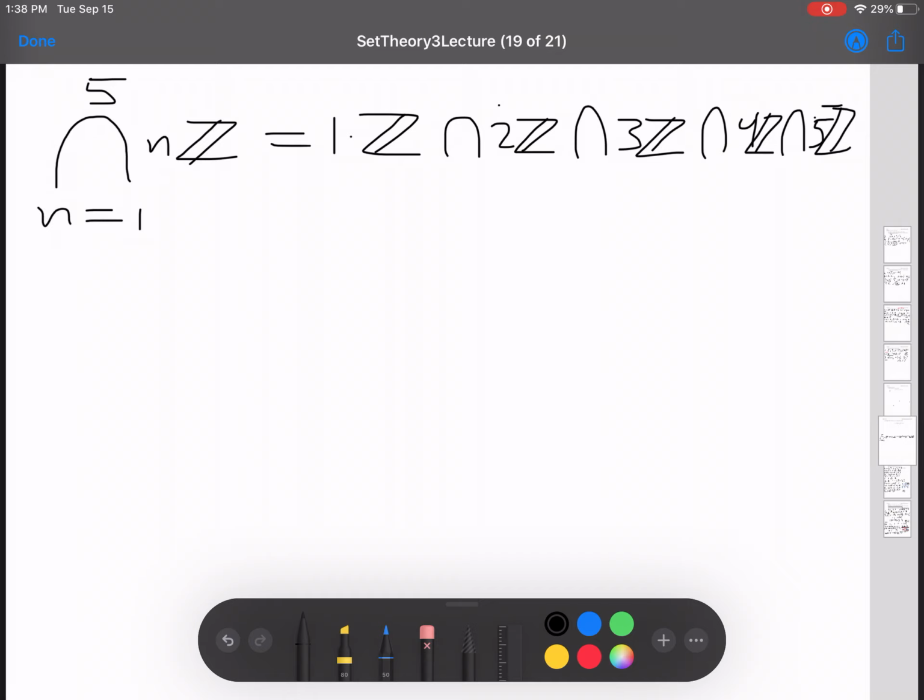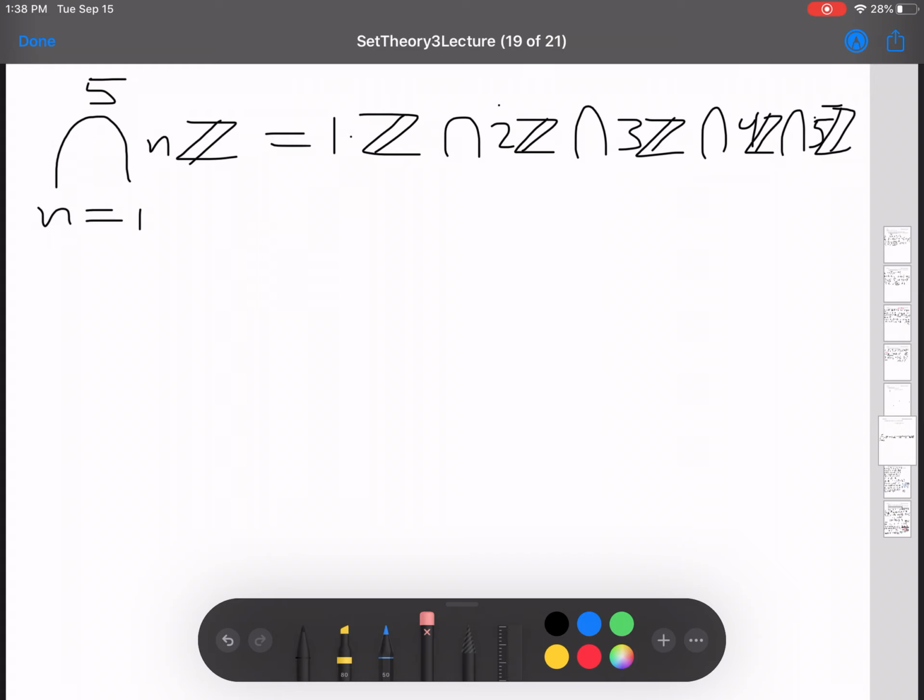Okay. So it's an intersection of 5 different sets, and you want to figure out what this is going to be equal to, some number like 50z or something, but it's not going to be 50, it's something else. So you need to figure out what that is.